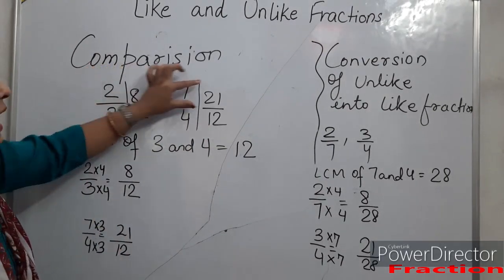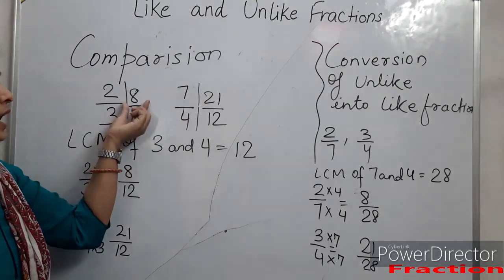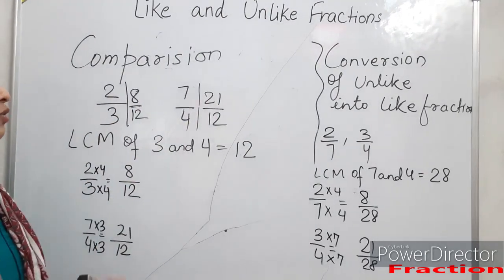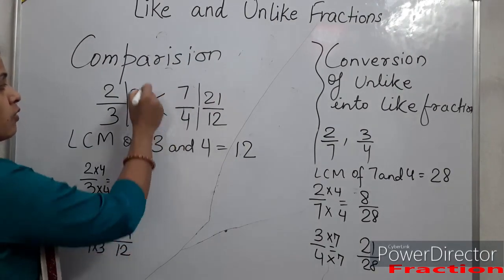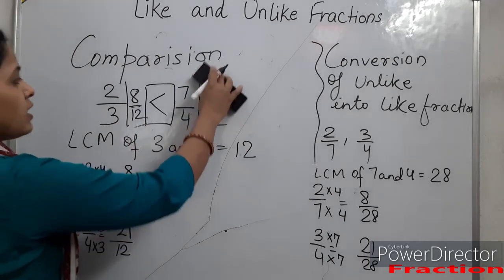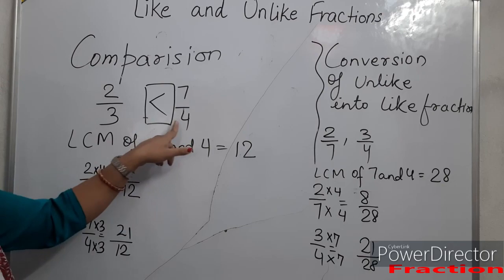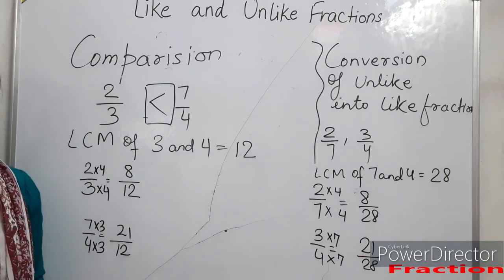Among 8 and 21, which is greater? 21 is greater. So we put the greater sign in front of it. So between 2 by 3 and 7 by 4, 7 by 4 is greater.